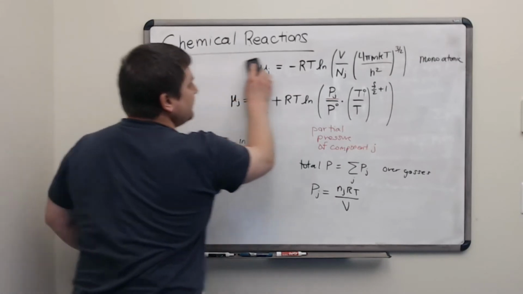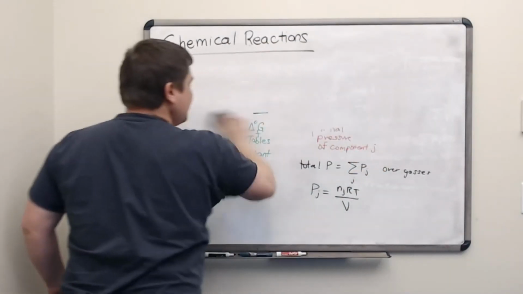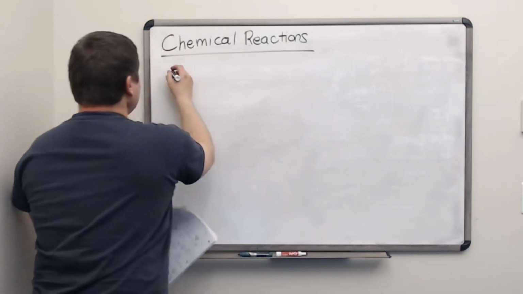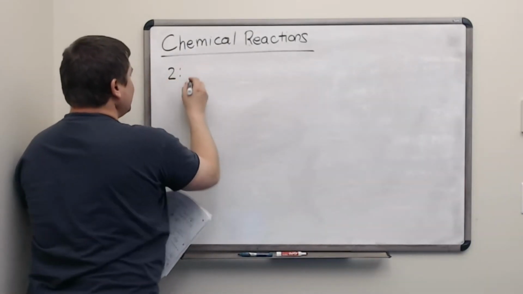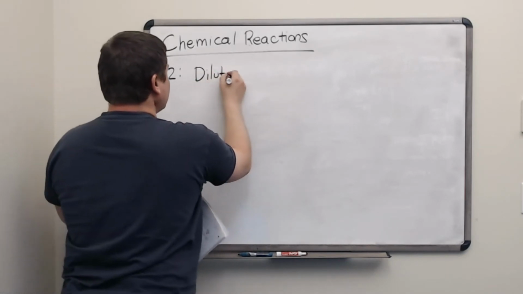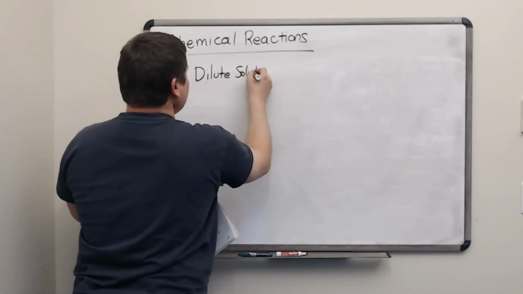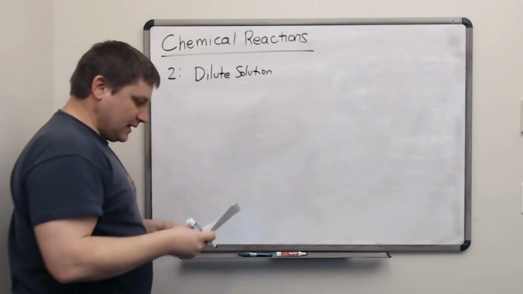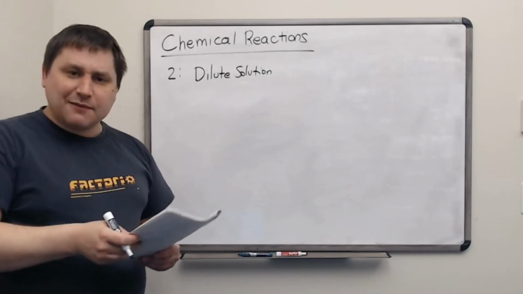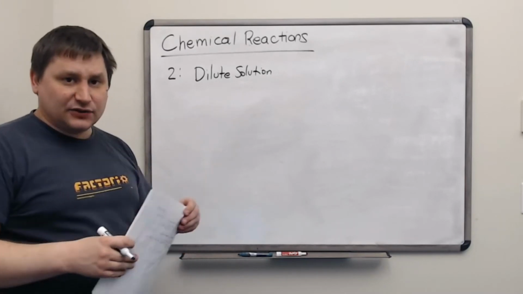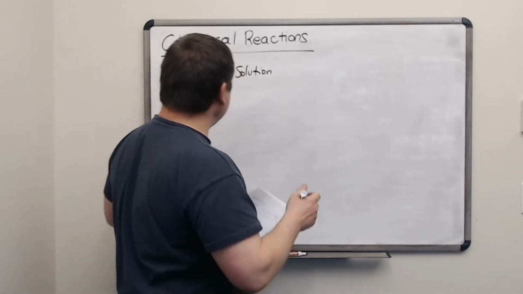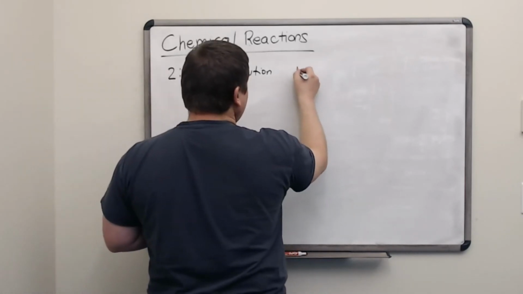All right, the second type of system or chemical state that we will encounter quite frequently is a dilute solution. Okay, so the chemical potential formula for the dilute solution is worked out in the textbook. There's a whole model for dilute solutions.